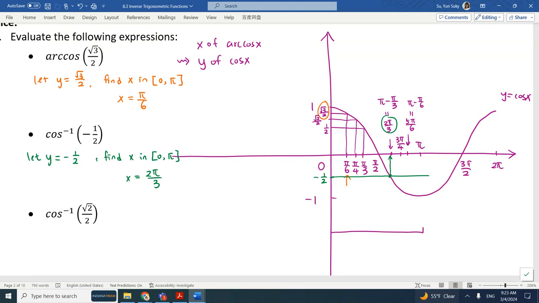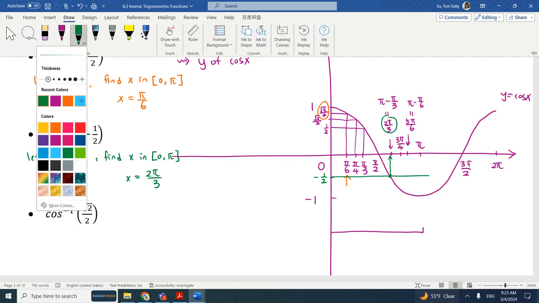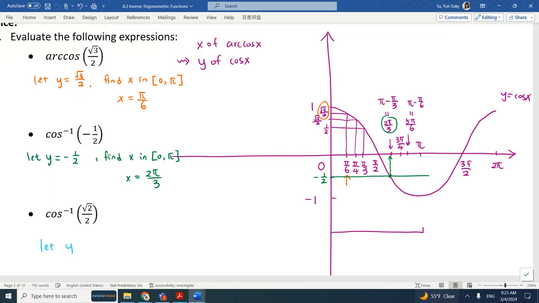Yes, this one is easy because it's positive. It's positive, then it's in the first quadrant. So root 2 over 2. Okay. Let's use blue color. Let y be root 2 over 2. And we see the corresponding x.